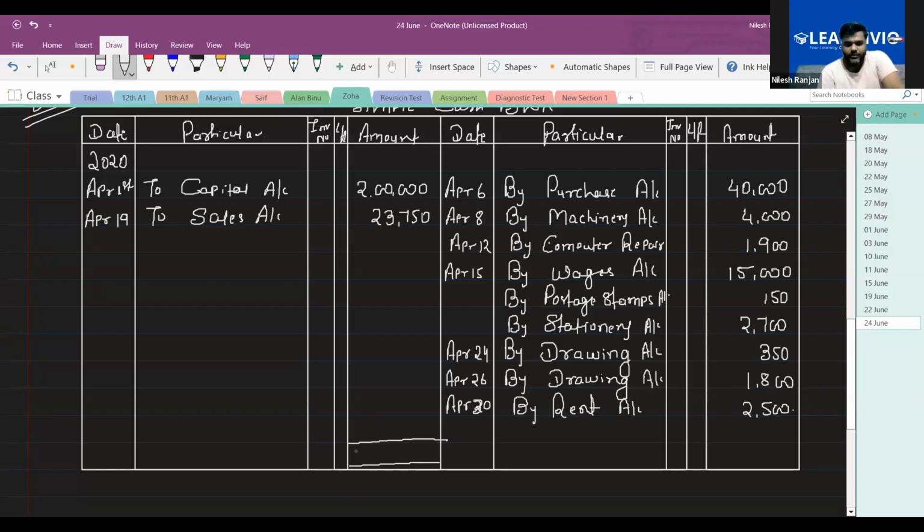Total on the debit side is obviously more, 2,23,750. And here it will be by balance c/d, April 15.